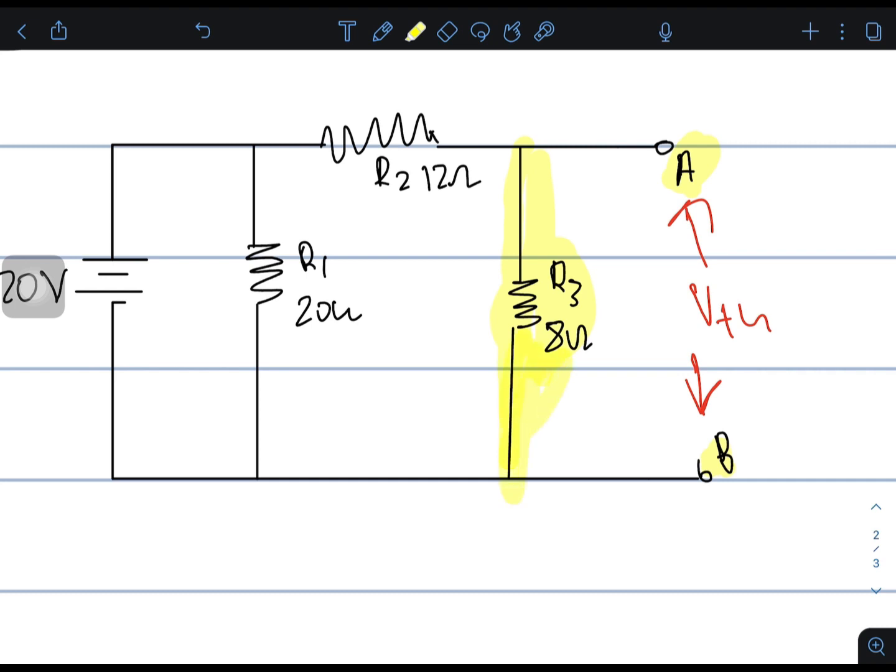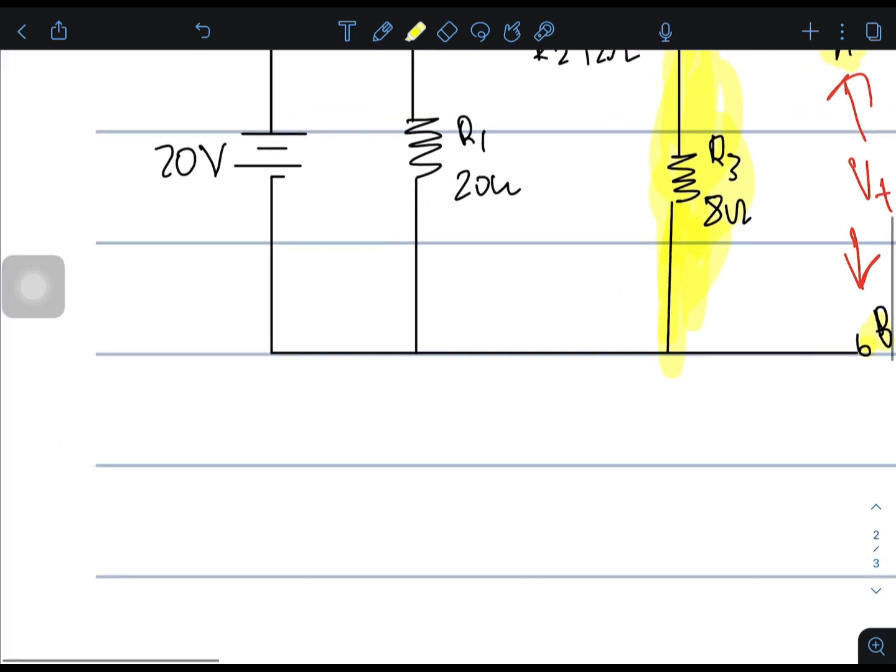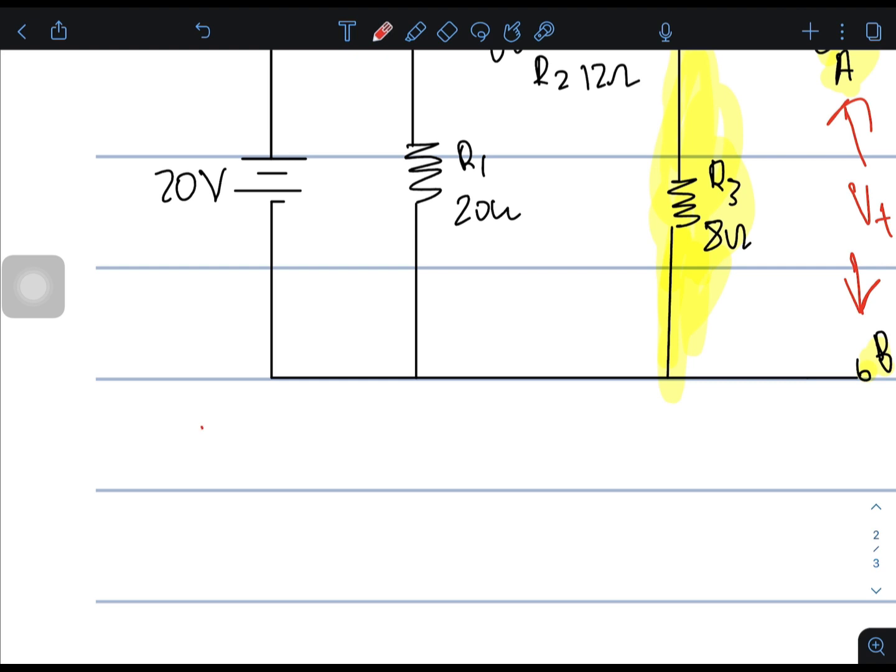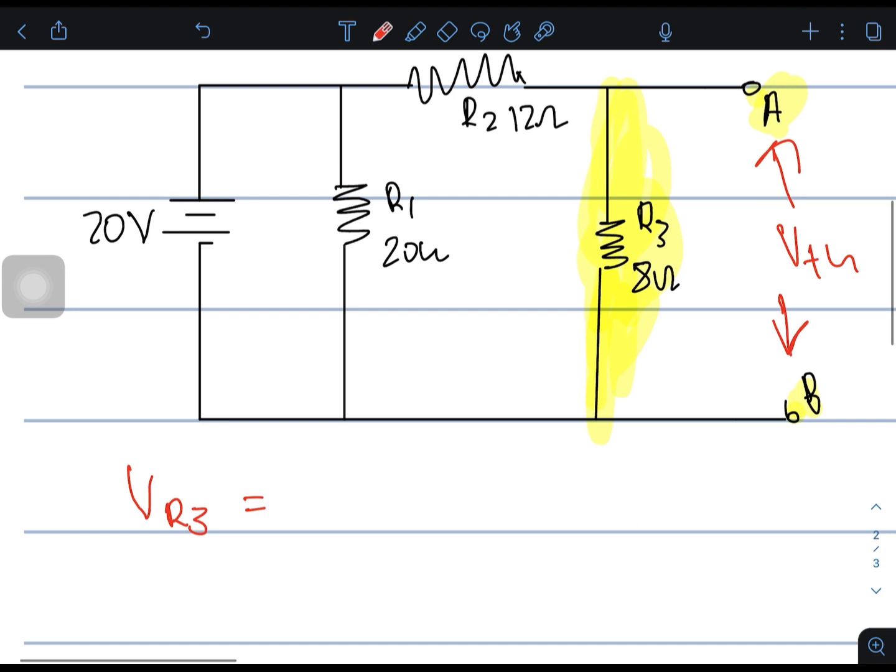Terminals A and B are in parallel with this resistor, basically. Meaning, if I can find the voltage across R3, I have basically found the voltage across terminal A and B. So let us write that down. Voltage across R3 is equal to the voltage across terminal A and B, and that is the Thevenin voltage.